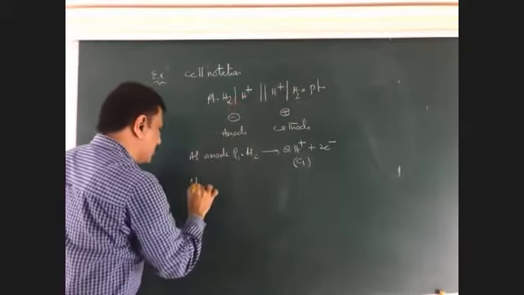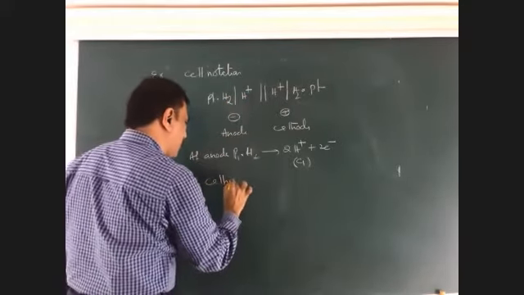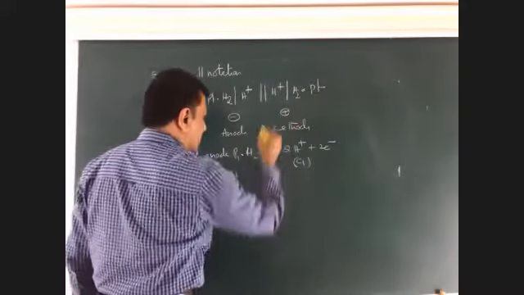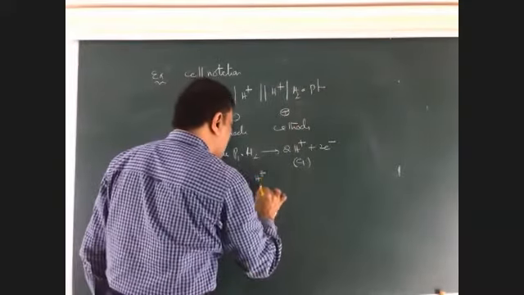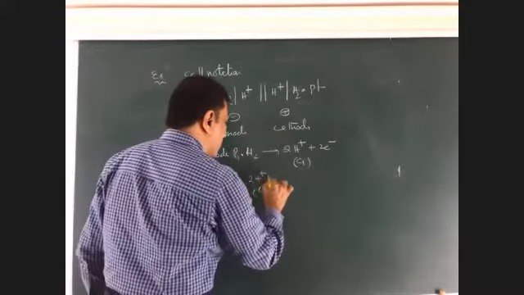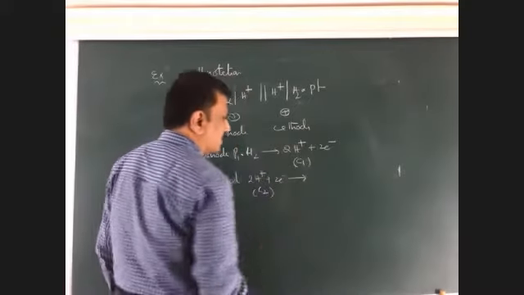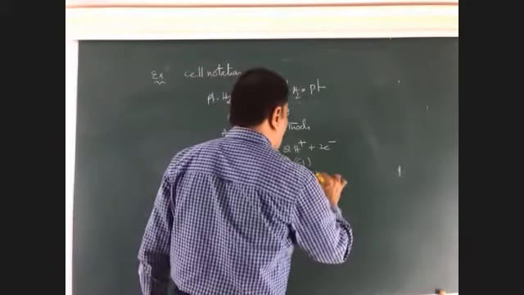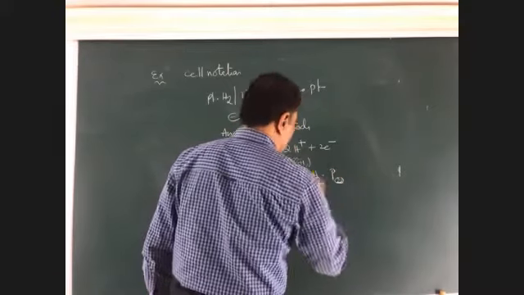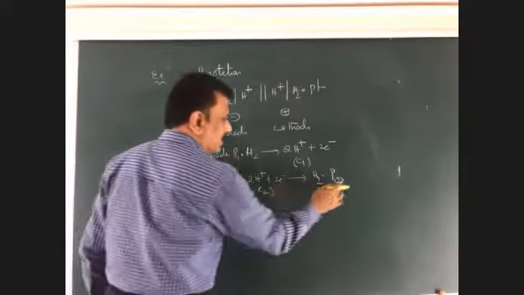And at the cathode, reduction takes place. H plus, let this be C2, to differentiate, and 2H plus plus 2 electrons changes to H2 with pressure P2. Here pressure P1, here pressure P2.